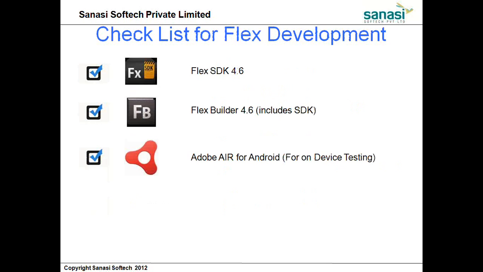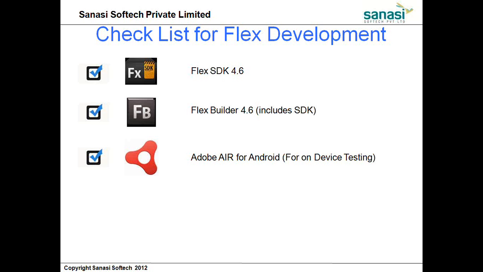So let's move on to the final checklist, and this is a completely different setup, for developing applications in Flash using the Adobe Flex SDK. The checklist in this case is going to be 3 items. You'll have to get hold of the 4.6 version SDK of Flex, and you'll have to use the Flex Builder, which is in fact a product from Adobe.